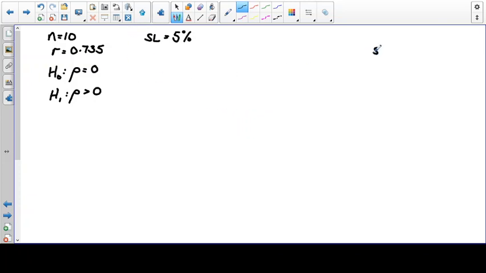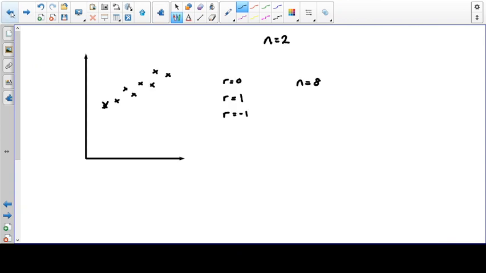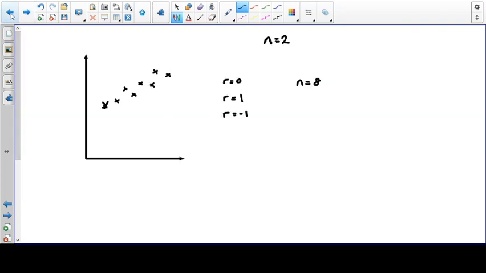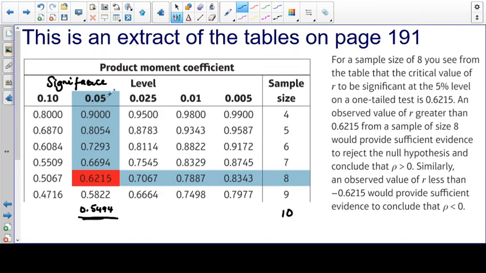So go down to your 10 and then go across to your 0.05 and you should see that it's 0.5494. So along from 10 down to 0.05, you should get that value there. That's the critical value. So that's saying that there is only a 5% chance that you're going to get your 10 points to have a correlation of 0.5494.